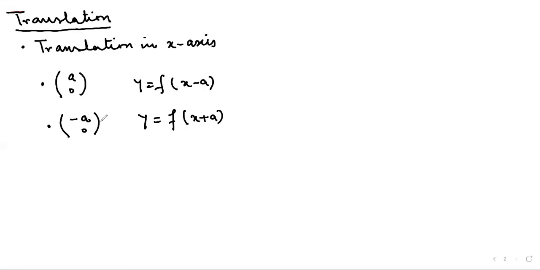And if in the equation there is x minus a, then the column vector will be a0. If x plus a is written in the equation, we will subtract a from the x coordinates. If x minus a is written, we will add a to the x coordinates.